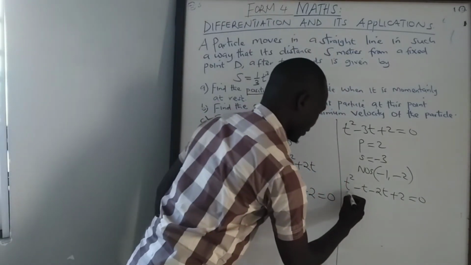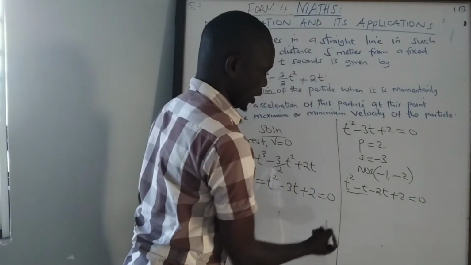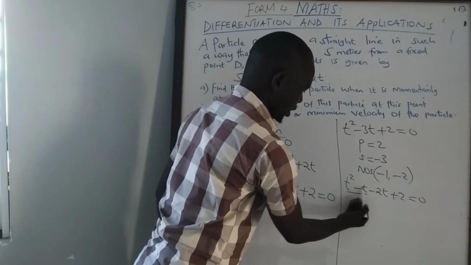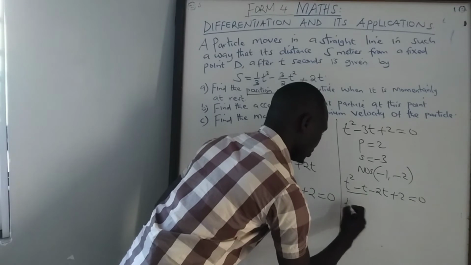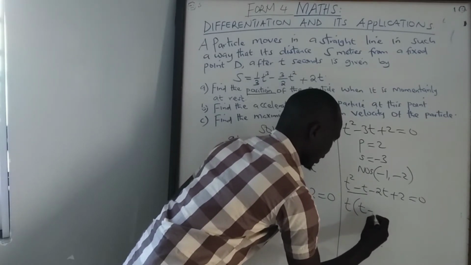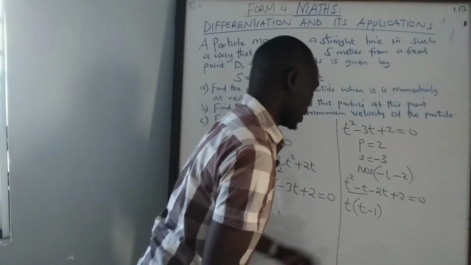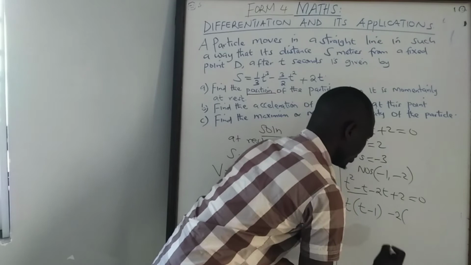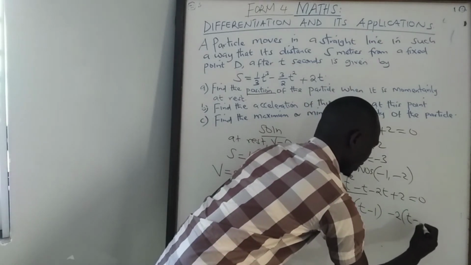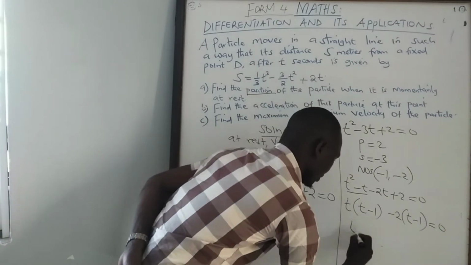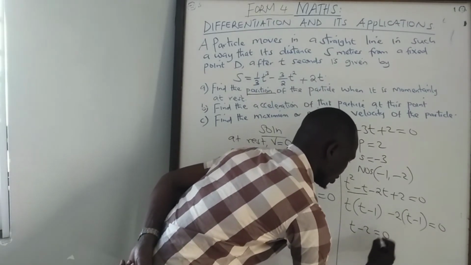If we take the first two pairs and factorize it, we are going to realize that t is common on both sides. So if we move t outside, we are going to remain with t minus 1 here. Then if you look at these two here, 2 is common, we have t minus 1, and this is equal to 0. Then from there we have t minus 2 is equal to 0.